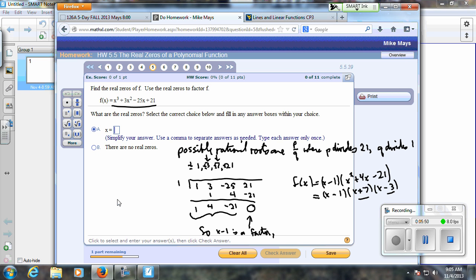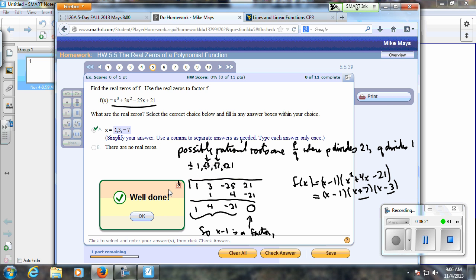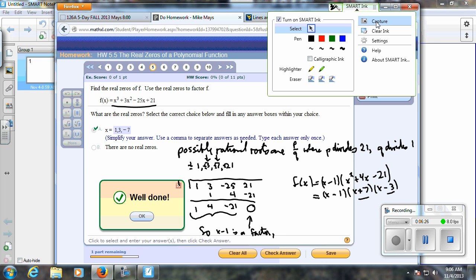The real zeros are x minus 1 equals 0, so x is 1, or x minus 3 is equal to 0, so x is 3, or x plus 7 is equal to 0, so x is minus 7. Those three numbers are the real zeros, so I'll check to make sure that's right. Good. And that's an answer.